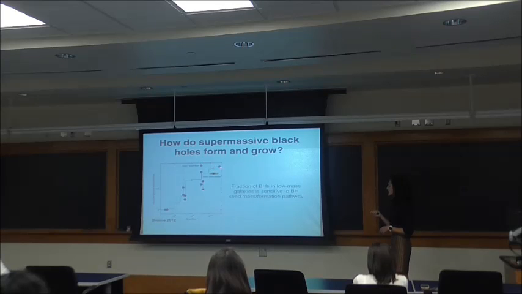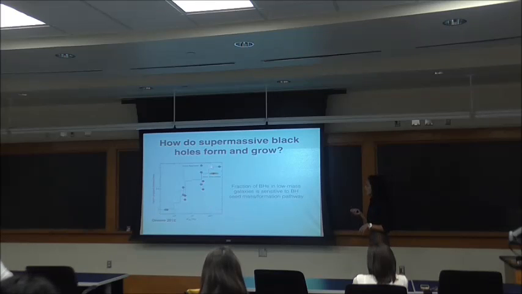Above 10^10 solar masses, no matter how these supermassive black hole seeds formed, you basically have every galaxy with a black hole. But below that kind of critical mass, you start to see a difference in the fraction of galaxies containing black holes depending on the dominant formation mechanism.